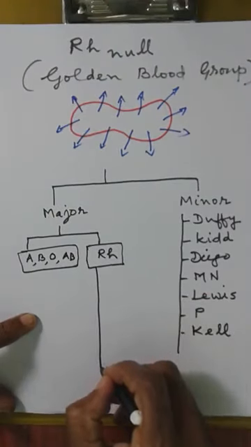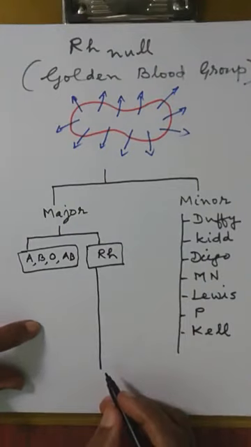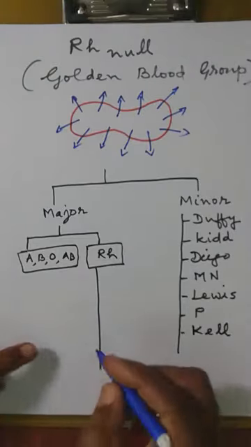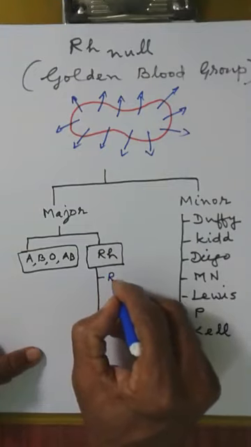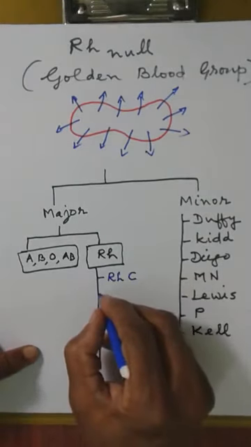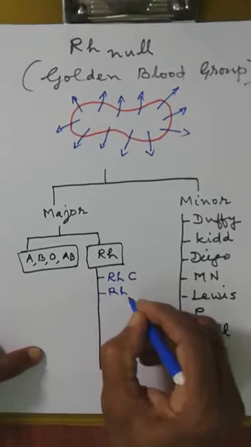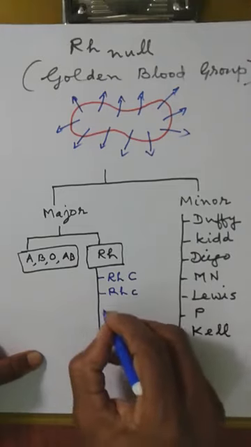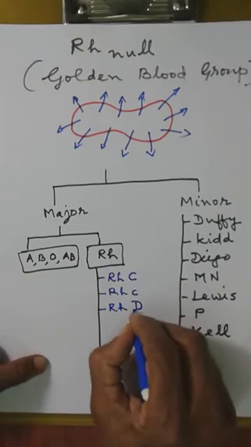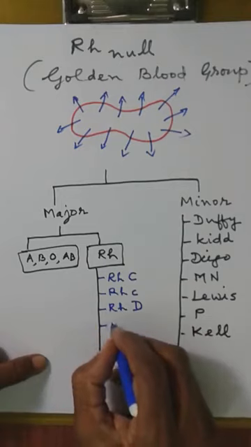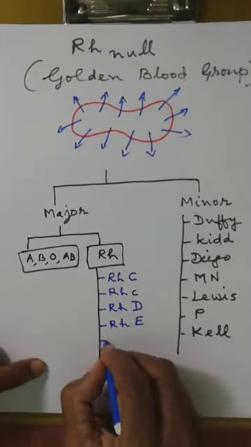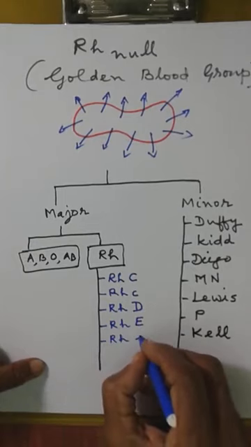It's all named like this: RH capital C, next RH small c, next RH D, then RH capital E, then RH small e.